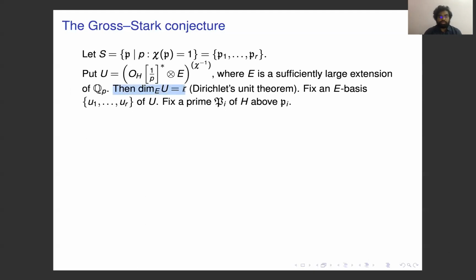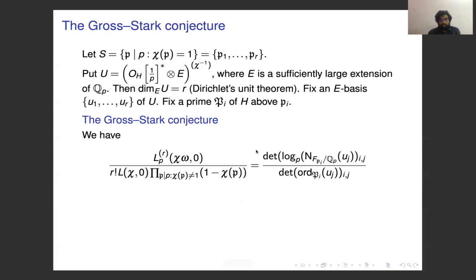Then Dirichlet's unit theorem, or rather some Galois equivariant version of it, tells me that the dimension of U over E is precisely r. So I can fix an E-basis of U and call it u_1 up to u_r. And for each of these p_i, I fix a prime P_i of H above p.